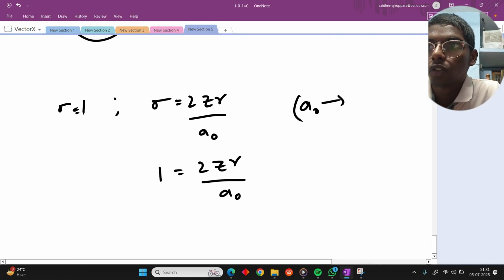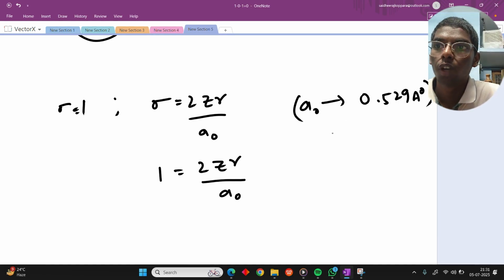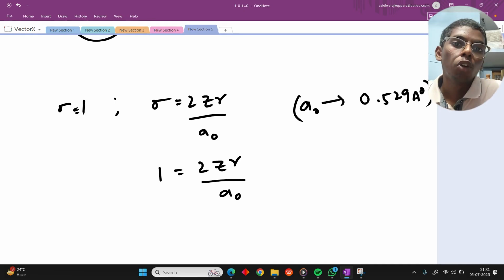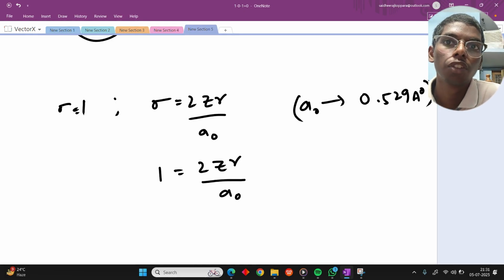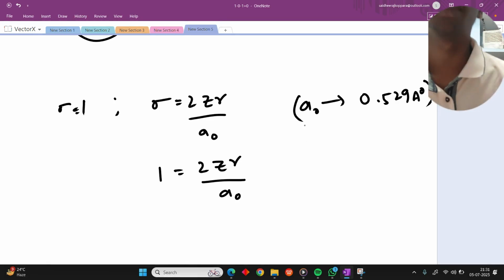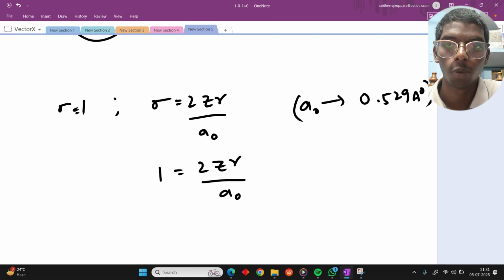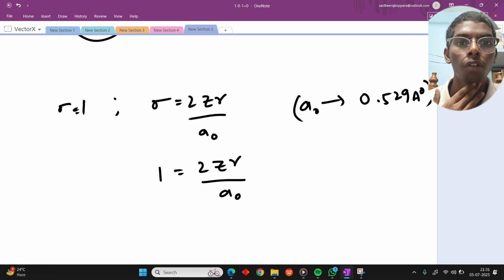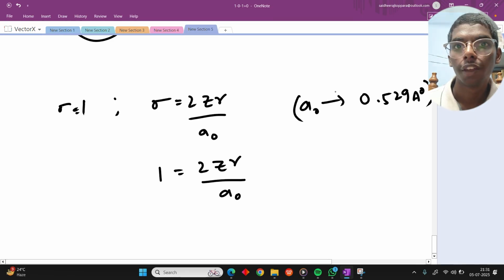So here you got sigma equals 1, and the question says that sigma equals 2 Zr by a naught. So 1 equals 2 times Zr by a naught, where a naught from Bohr's model is a constant of 0.529 angstroms. When you study Bohr's model, you get to know that this is your a naught value for the hydrogen atom, only hydrogen atom, where the value of Z is 1.